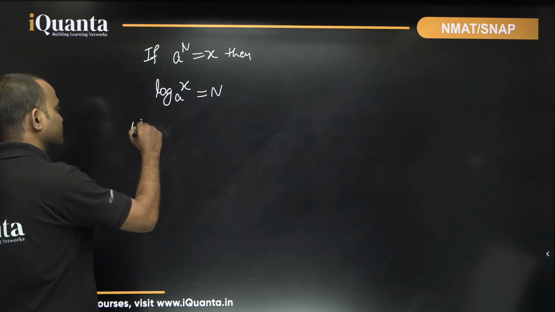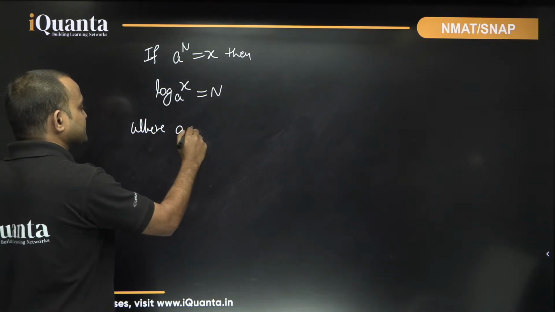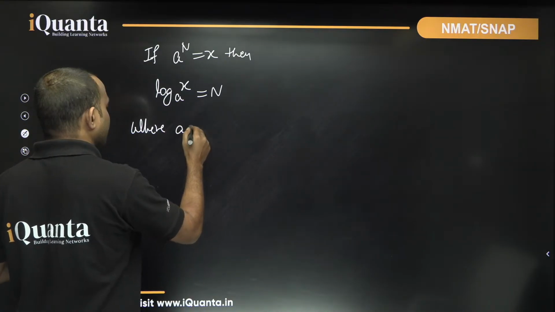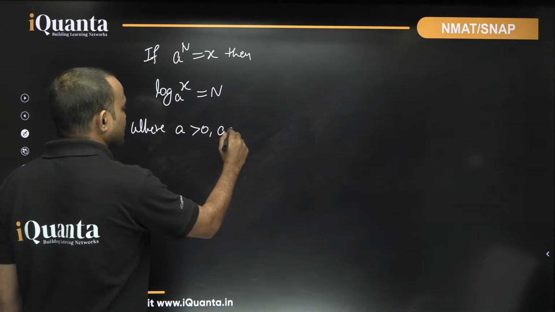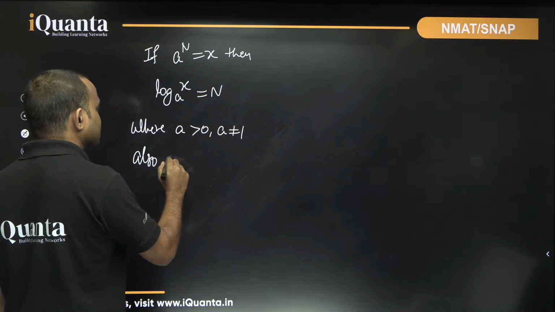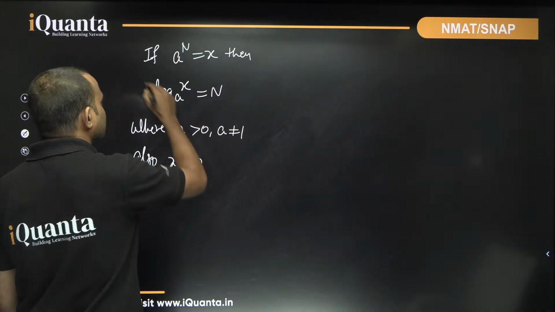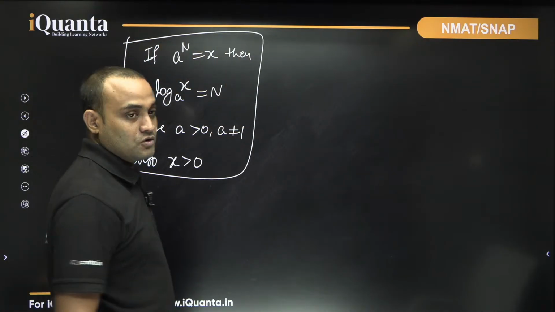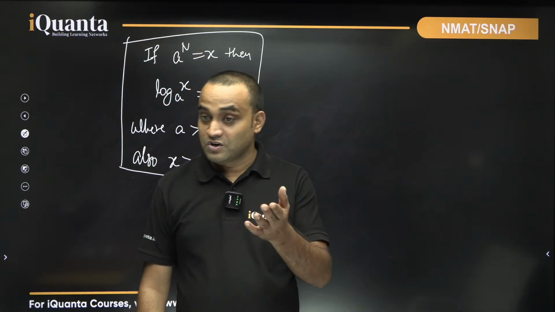Here a is always positive, a is not equal to 1, and x will always be positive. This is what you should follow in case of logarithm.